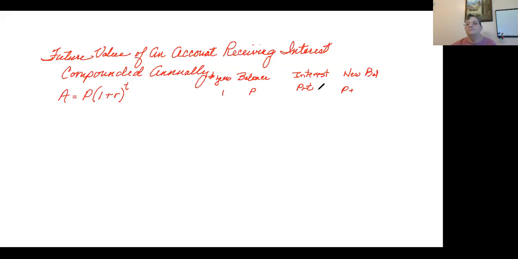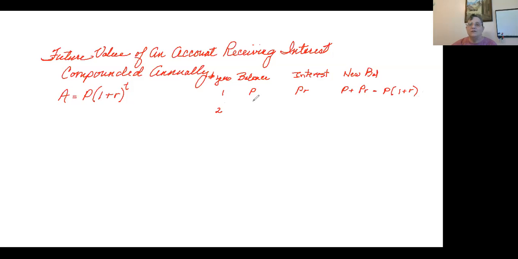Number of years, T would be 1. So we don't need the T in there. It's just P times R. So your new balance at the end of the first year is P plus PR, which we could write as P times (1 plus R).